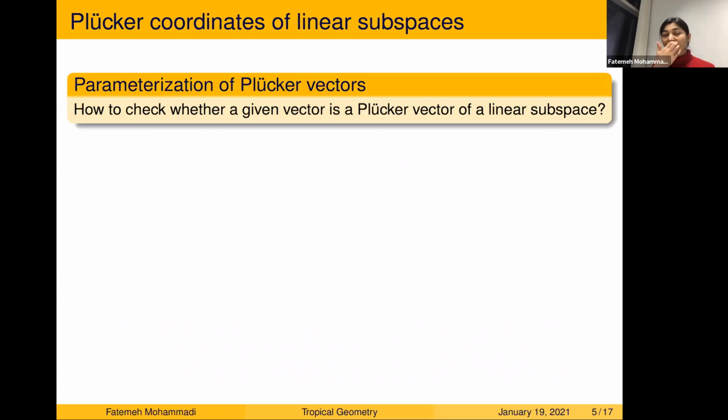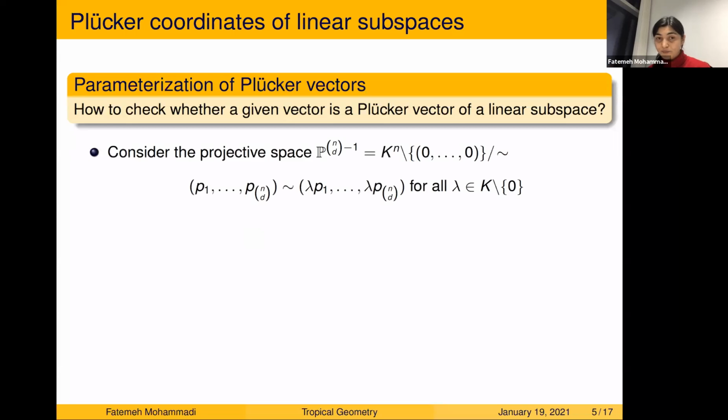Now that we have these Plūcker coordinates representing these linear vector spaces, we want to parameterize them. By that, I mean, given a vector in R^(n choose d), I want to check whether this given vector is actually the Plūcker vector of a linear space.